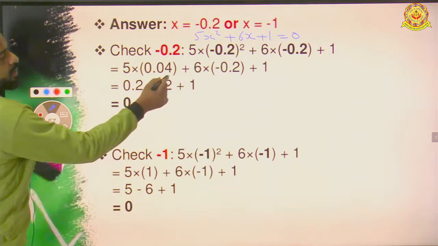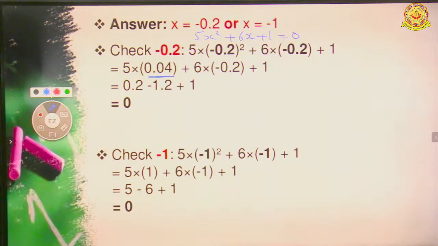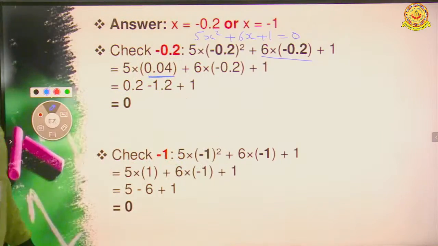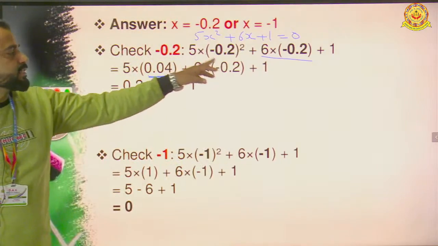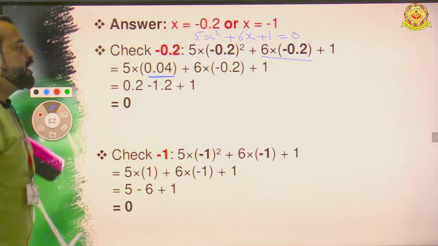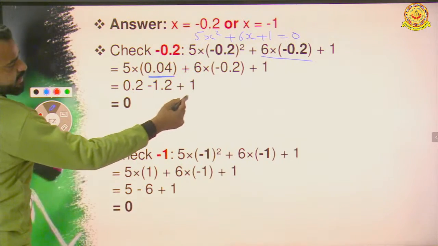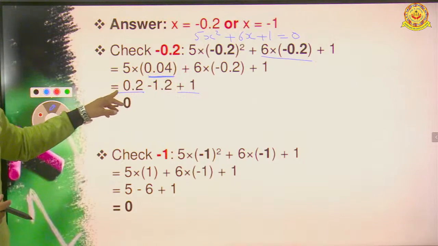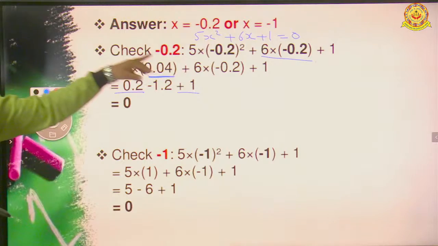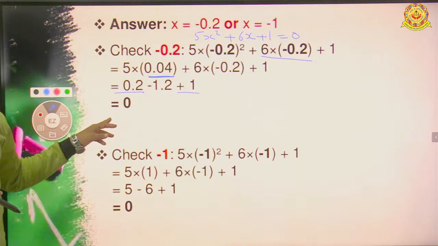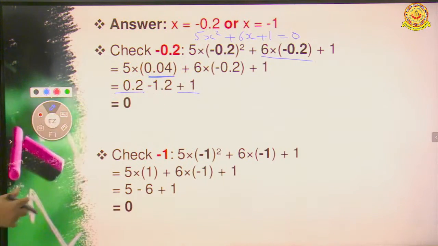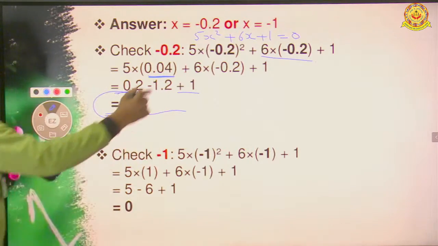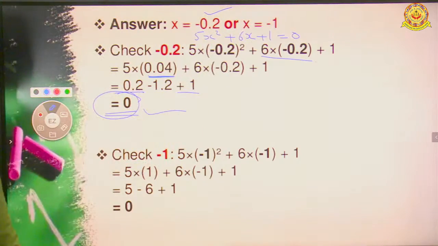So that means it comes 0.04, not 0.4. Now 6 multiplied by minus 0.2 gives minus 1.2, with the minus sign, plus 1. Here 1 plus 0.2 are both positive values, so 1 plus 0.2 will be 1.2, and minus 1.2 will become 0. So that means the equation is satisfied by x equal to minus 0.2.